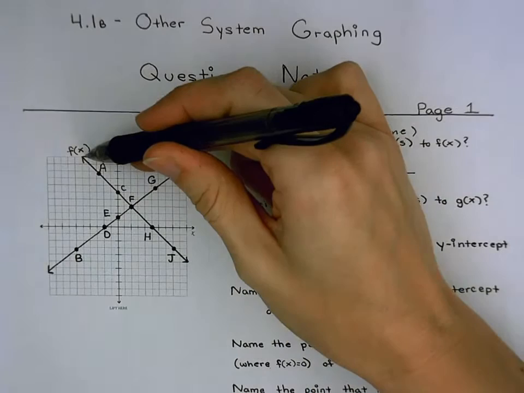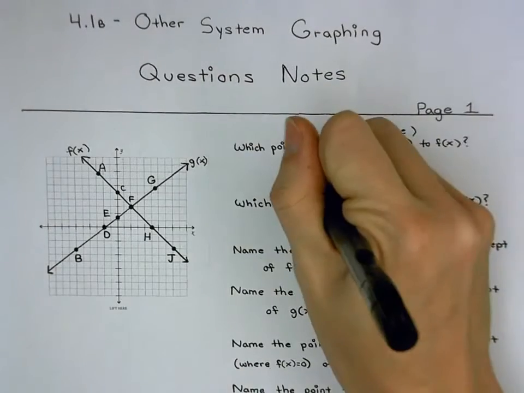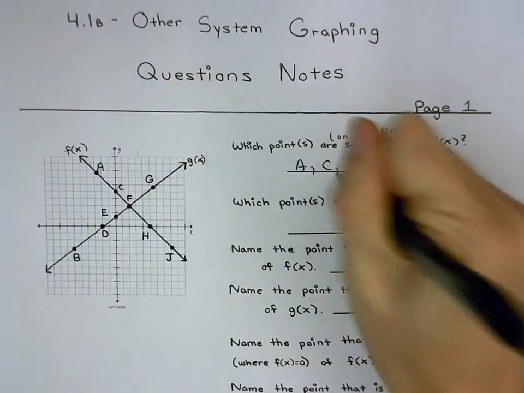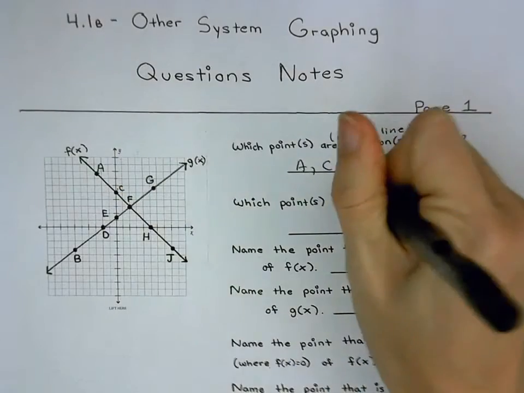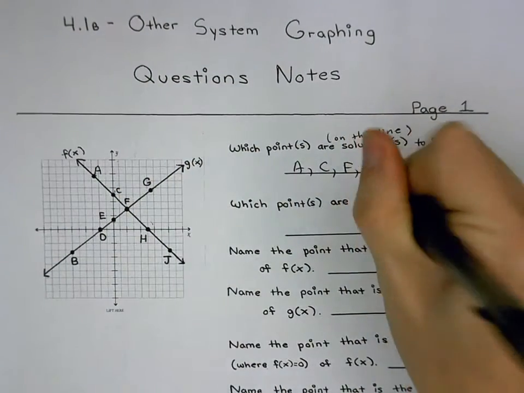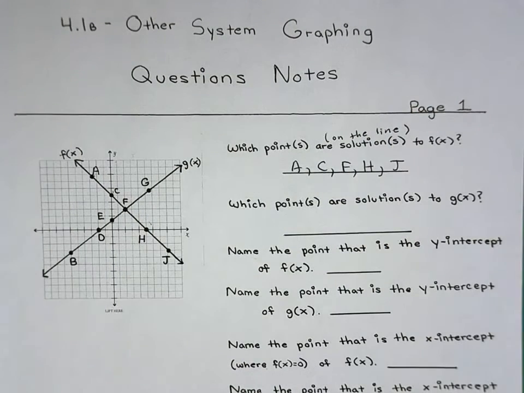As I come alongside f of x here, I see that A lies on that line, as does C, as does F, as does H, and as does J. So that's how you answer that question.